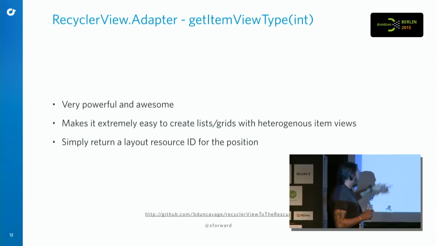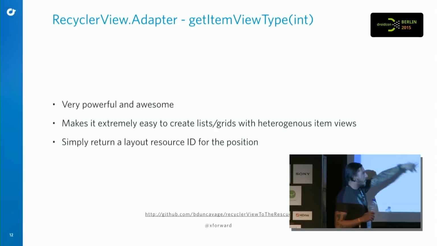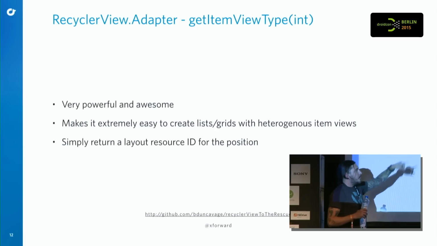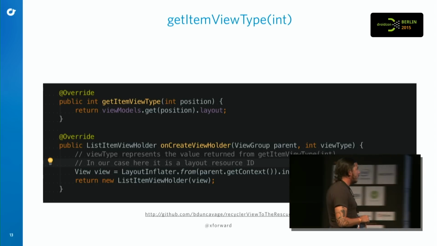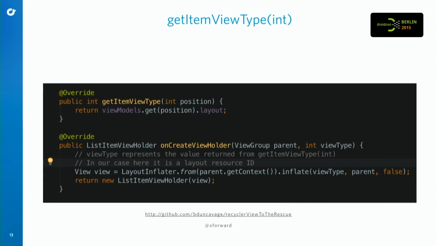The best way to use it is to return a layout resource ID for that position. So when your onCreateViewHolder is called, what you return here gets passed in here, and then you can just inflate it and pass it to your view holder, boom.